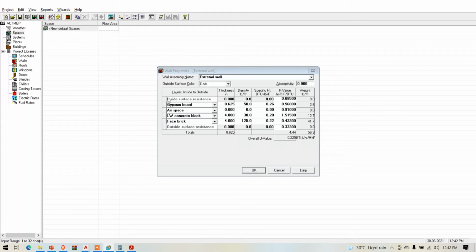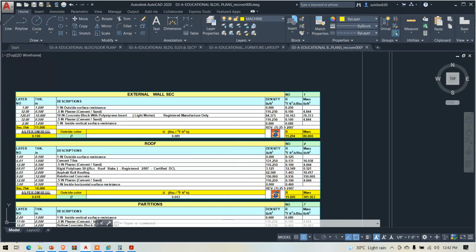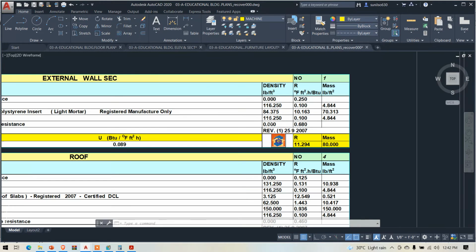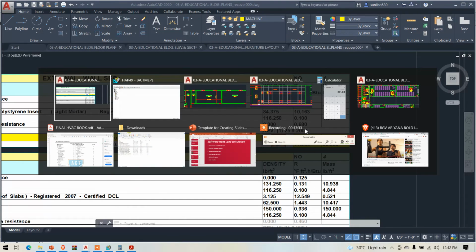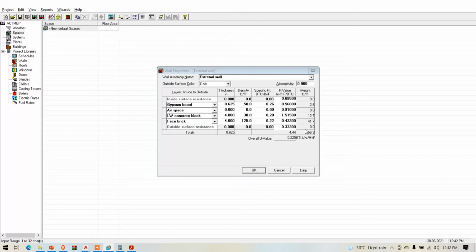See here, the first one is the inside surface resistance, and here they are providing the R value. The R value we have to provide is 0.68, so we change the inside surface resistance R value to 0.68.